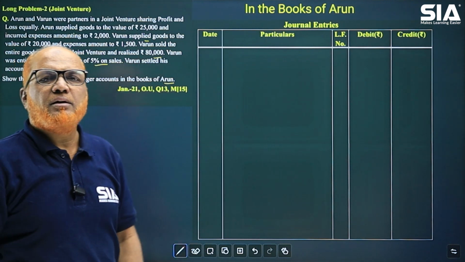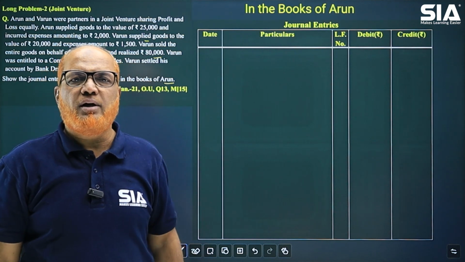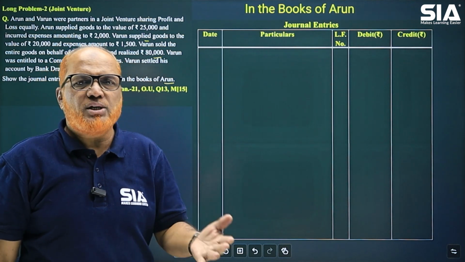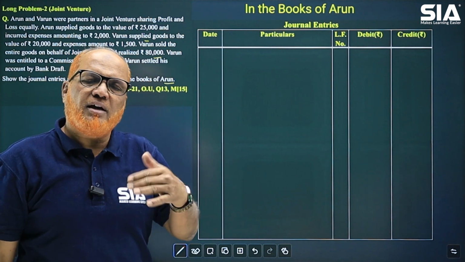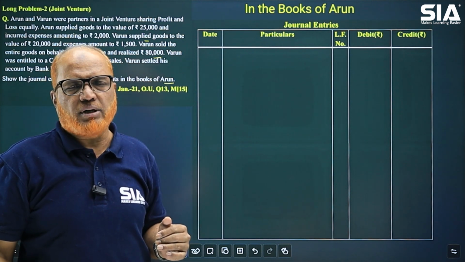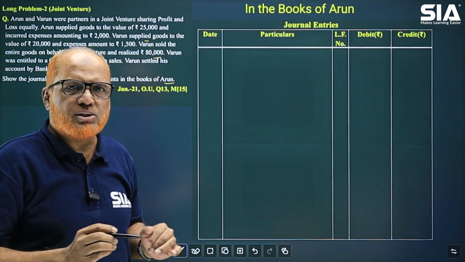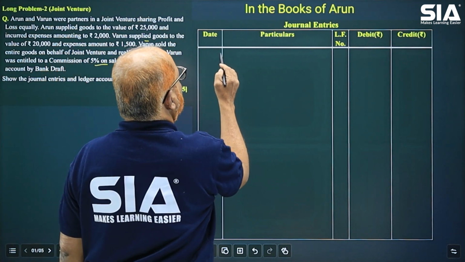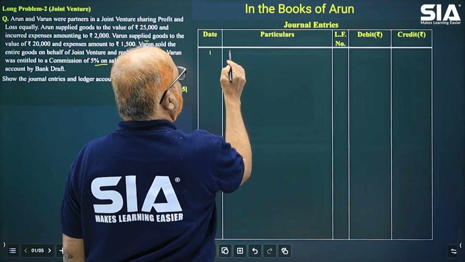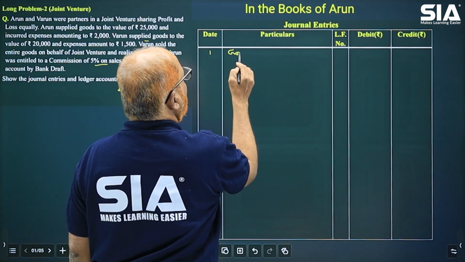So the entry will be joint venture account debit to purchases account, or we can take trading account also, for goods supplied by Arun.